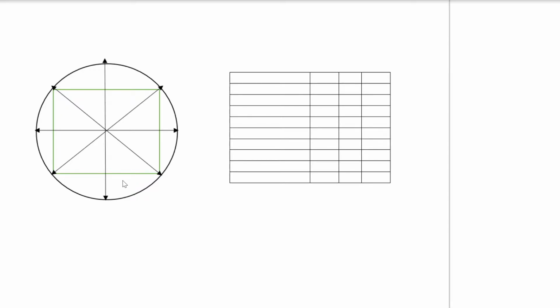Before I tell that, let me introduce the concept of BPH. When I say BPH, B refers to base, P refers to the perpendicular, and H refers to the hypotenuse.